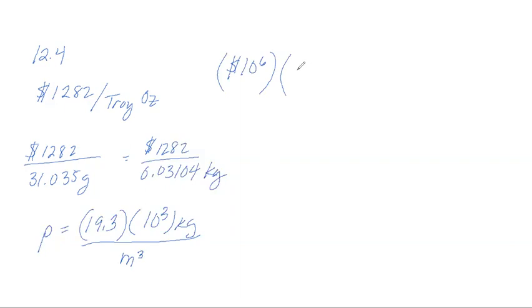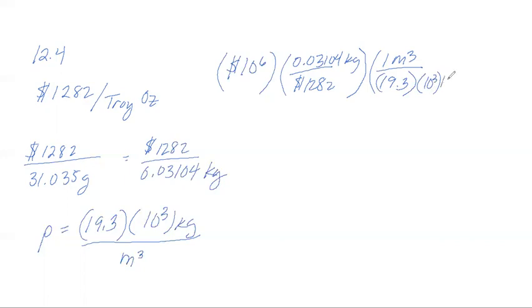This is a conversion problem. Times 0.03104 kg per $12.82, times 1 meter cubed over 19.3 times 10 to the third kg. All right, let me get out my calculator and do this one.